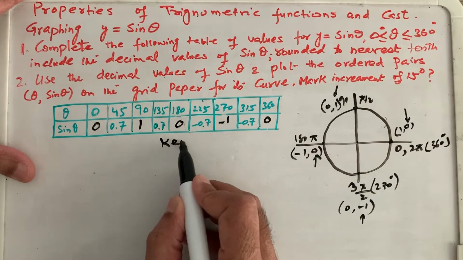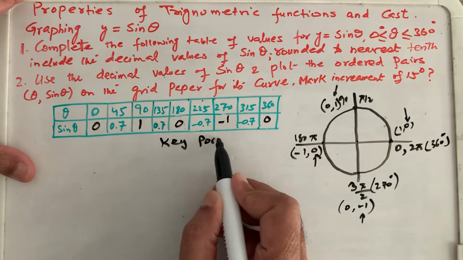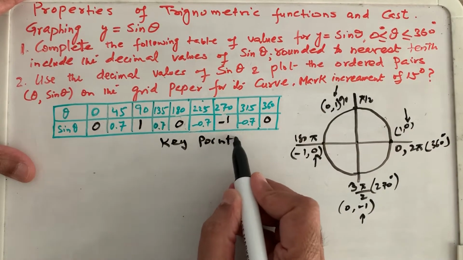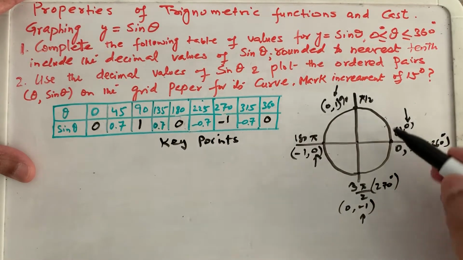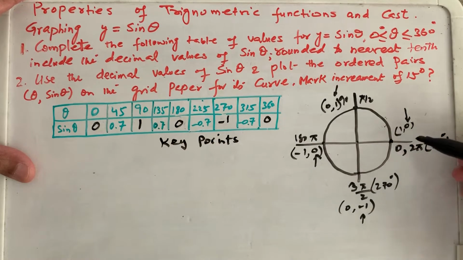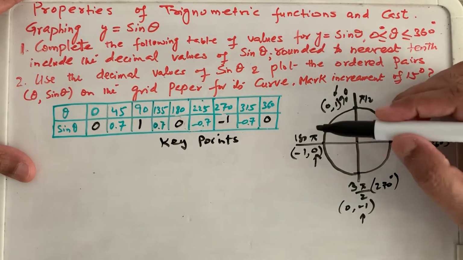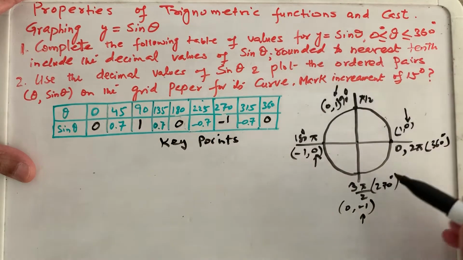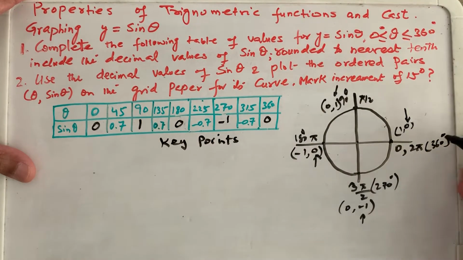These are called key points. What are the key points? Key points are 0, pi by 2, pi, 3 pi by 2 and 2 pi. And in terms of degrees: 0, 90 degrees, 180 degrees, 270 degrees and 360 degrees.